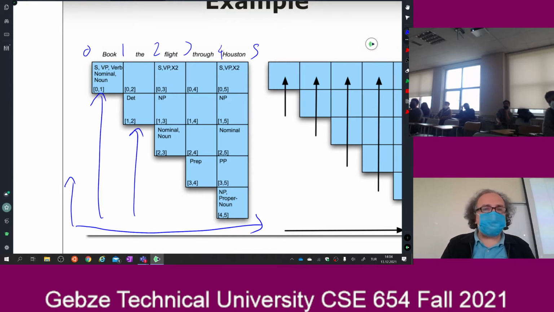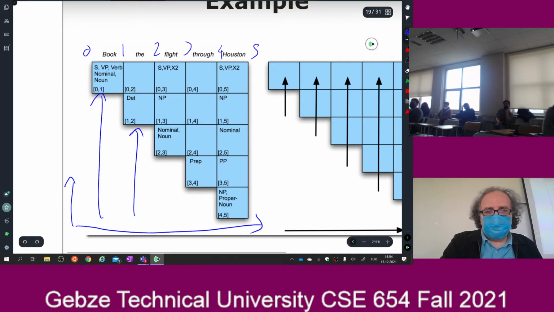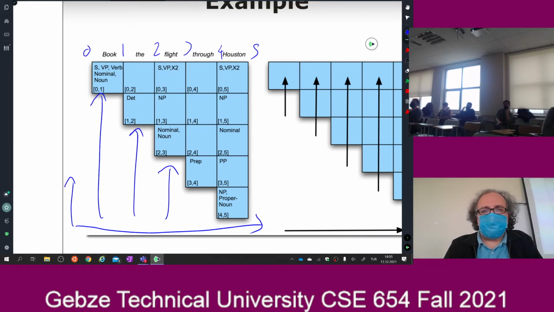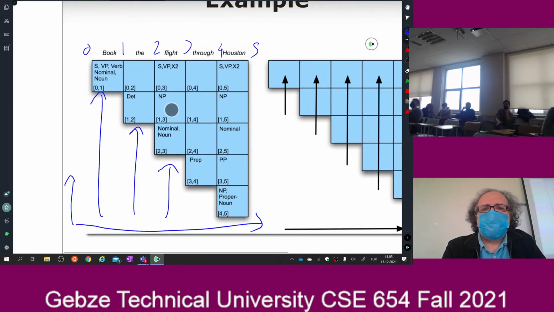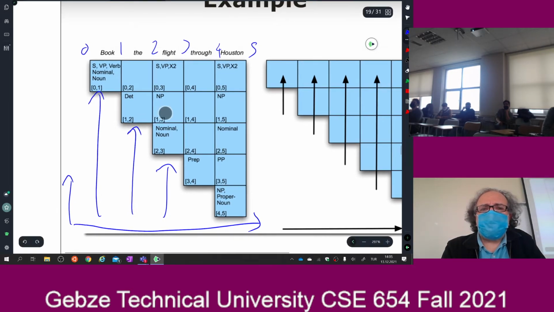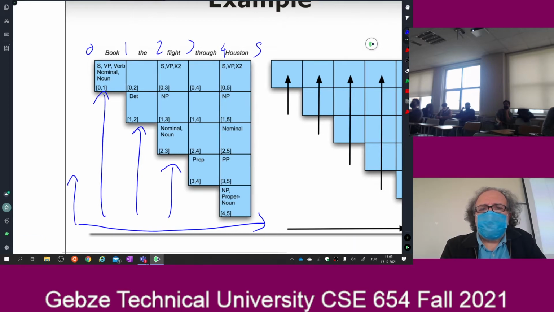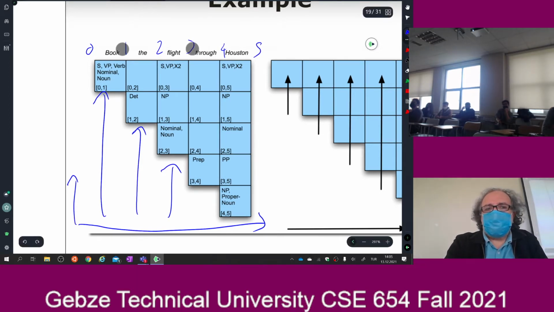Okay. So let's look at this third stuff. Flight could be a nominal or noun. Okay, that's it. How about this part, 1, 3? So 1, 3, we are going to look at this. Between 1 and 3, okay, the flight. We are talking about the flight.